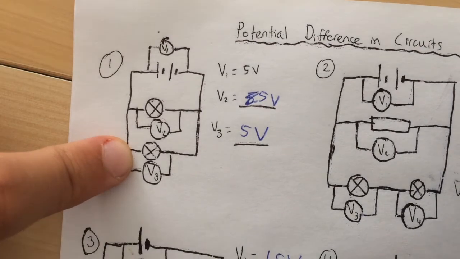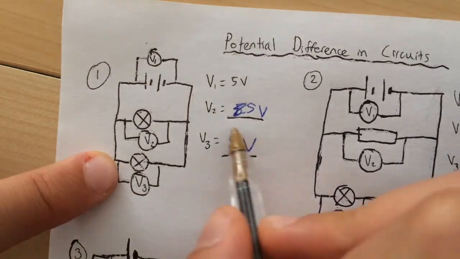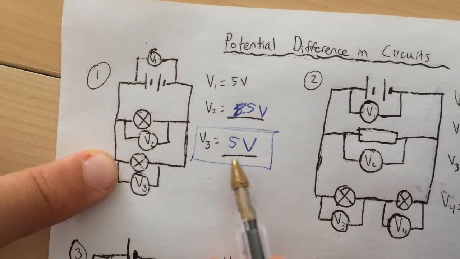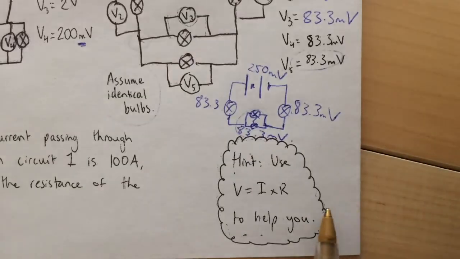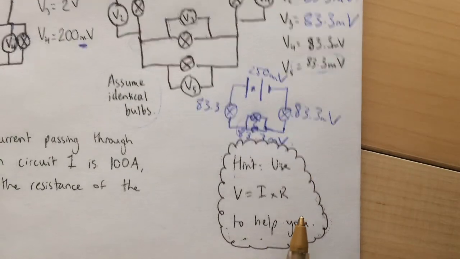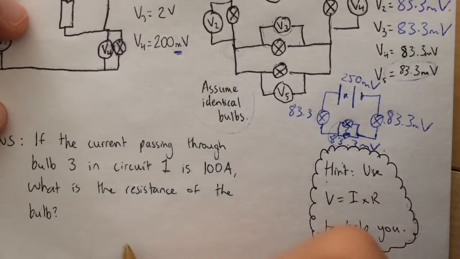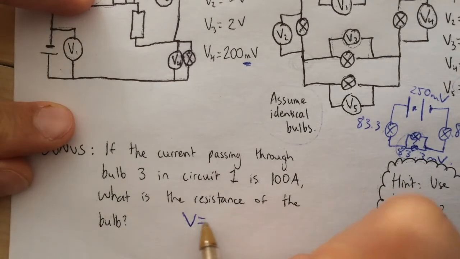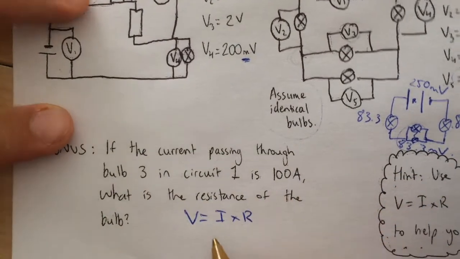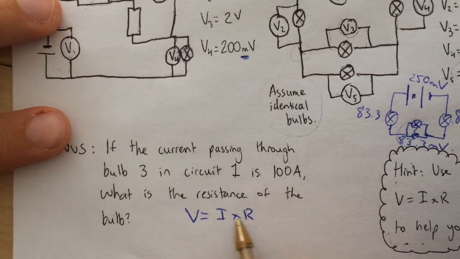What is the resistance? Across V3 we need this bit of information. There are 5 volts across that bulb. And this hint, use V equals IR. We'll be learning about that later. That is Ohm's law. Use that equation, V equals I times R, potential difference equals current times resistance.